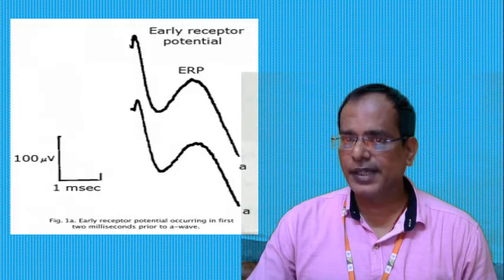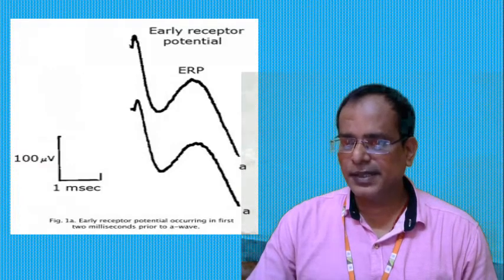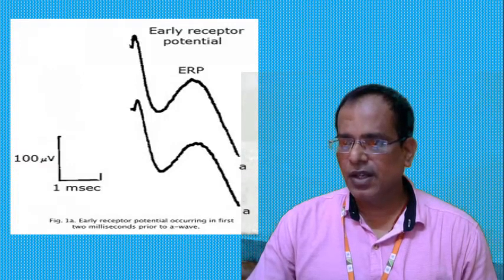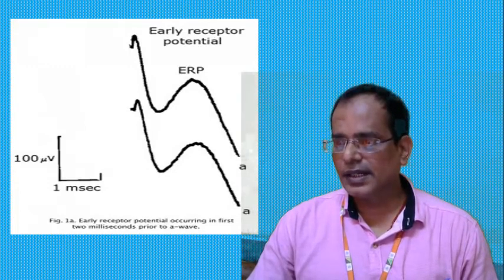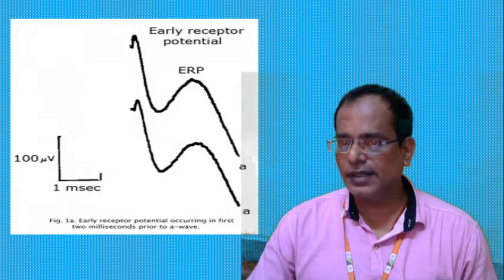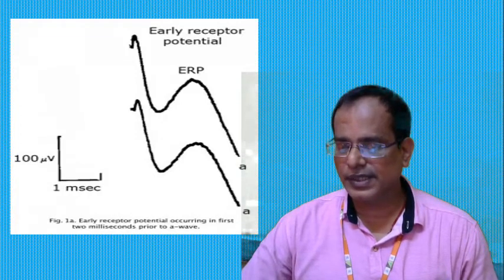So you are going to see here how the A wave and B wave appear. Approximately 70% of the contribution is from cones, and the ERP latency is less than 1 microsecond.